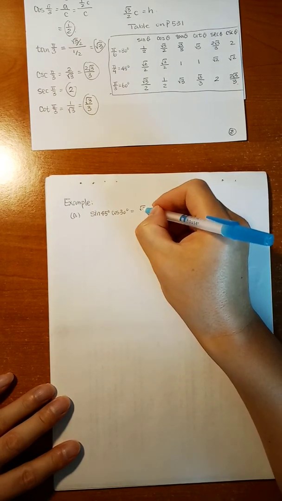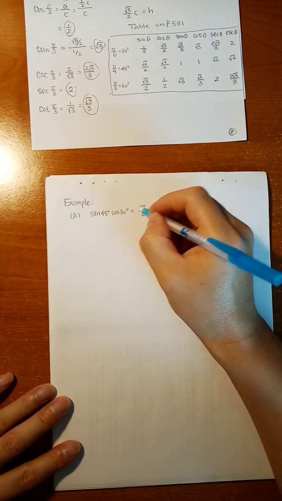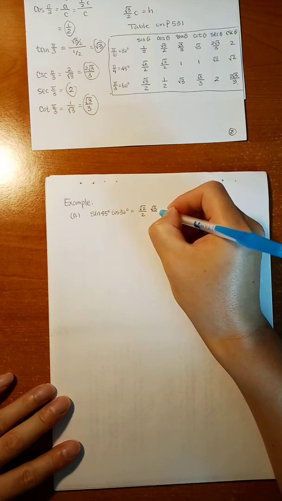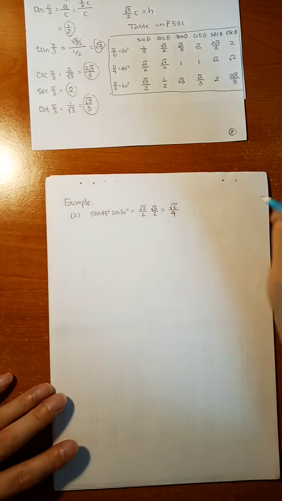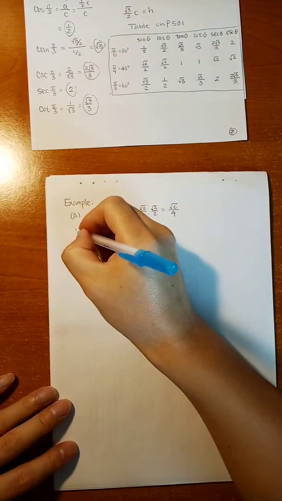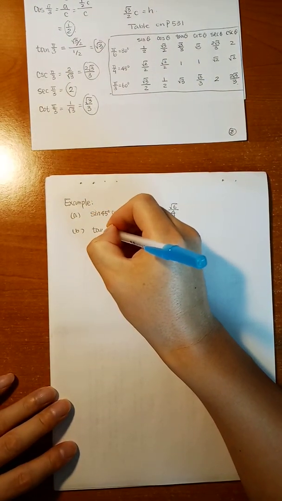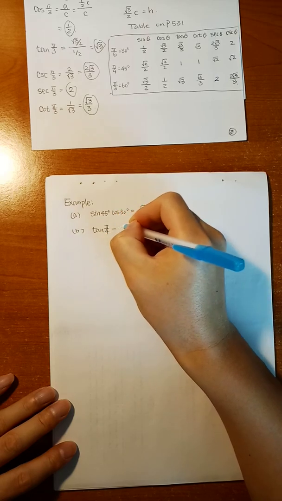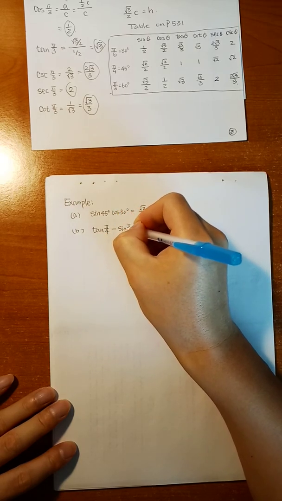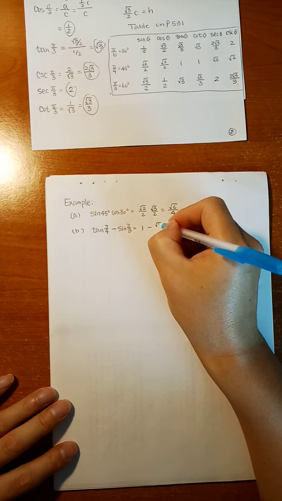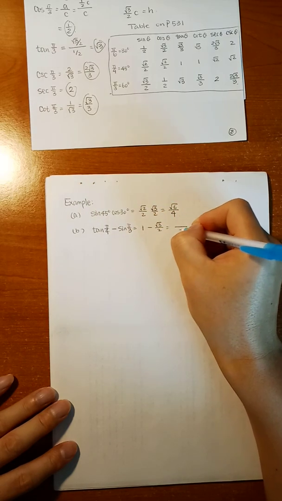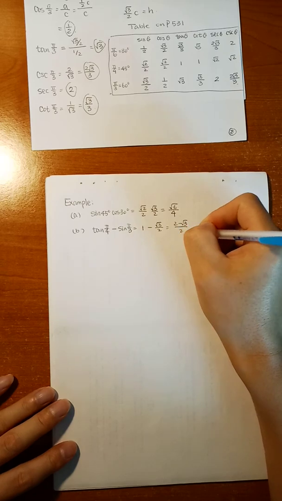Sine 45 degrees is root 2 over 2, cosine 30 degrees is root 3 over 2, so it's root 6 over 4. And if they ask you to find tangent pi over 4 minus sine pi over 3, tangent pi over 4 is 1, sine pi over 3 is root 3 over 2, so it's just (2 minus root 3) over 2.